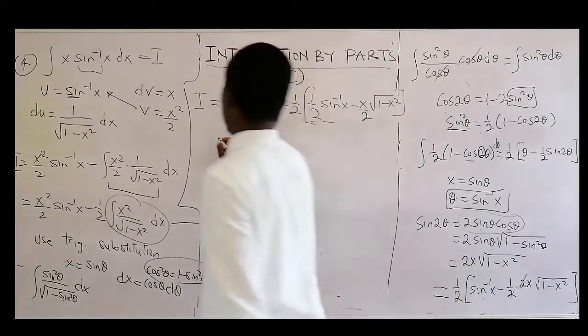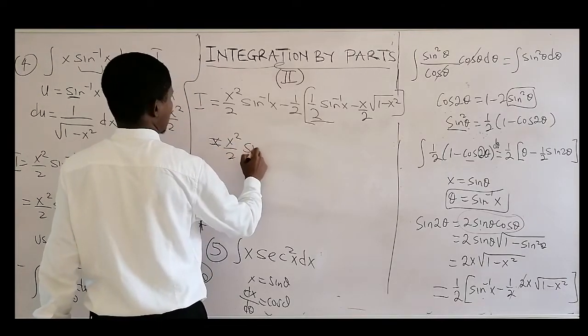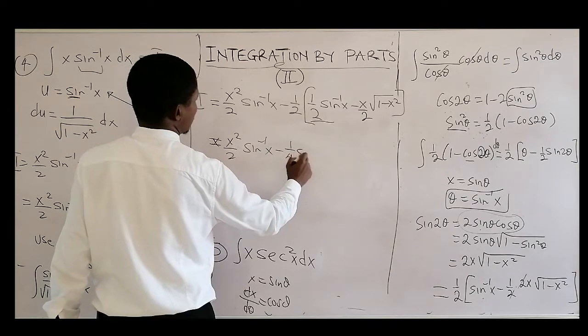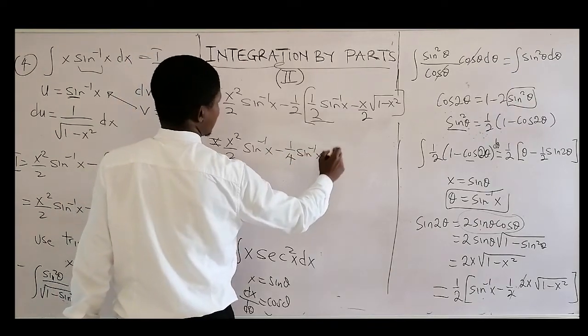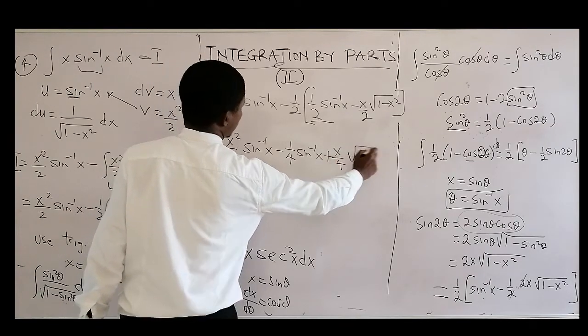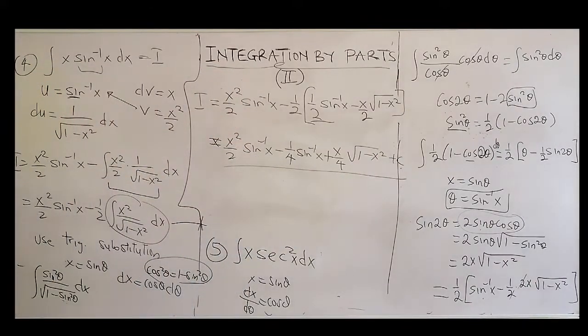So final answer will be equal to x squared over 2 arc sine x minus 1 over 4 arc sine x, then plus x over 4 root 1 minus x squared plus c. So that's that on that question.